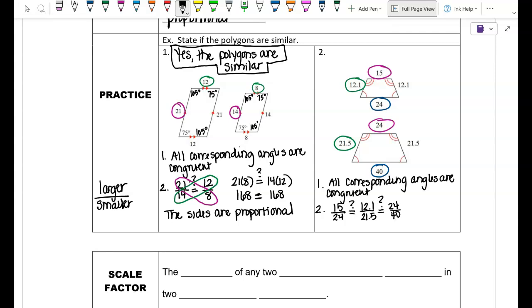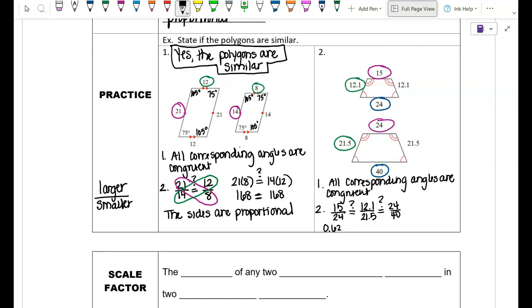When you're trying to compare more than 2 ratios, the easiest way is to reduce them down to decimals and compare their decimal. And the easiest way to turn them into a decimal is simply divide them. In your calculator, put 15 divided by 24. What do I get if I do 15 divided by 24? What is the decimal equivalent of 15 divided by 24?